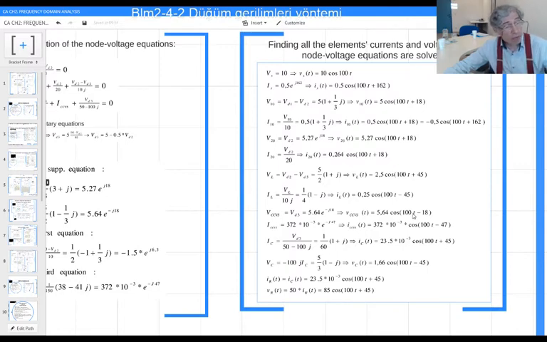And this function's frequency does not change for all the elements, so this 100t is going to be the same. The phasor angle in polar coordinates, minus 18 here, comes in as the angular part of your sinusoidal function.